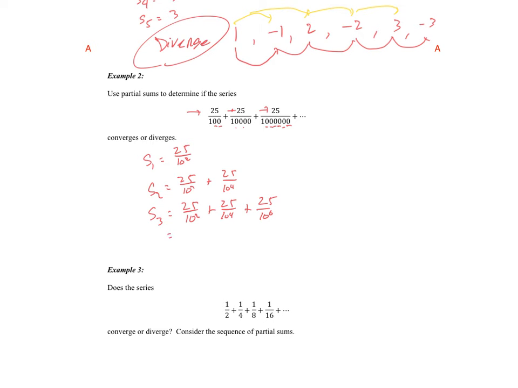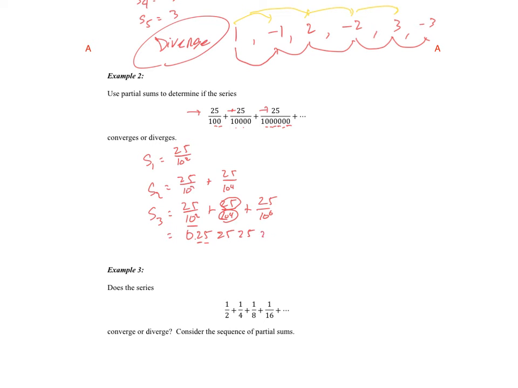So from a decimal perspective, if we have 25 hundredths, then my 25 would go there. If I've got 25 ten thousandths, and then I've got my hundredths, thousandths, and then I would have 25 here. And then for the next one, it would just be a 25 there.